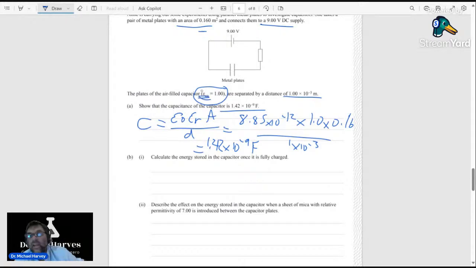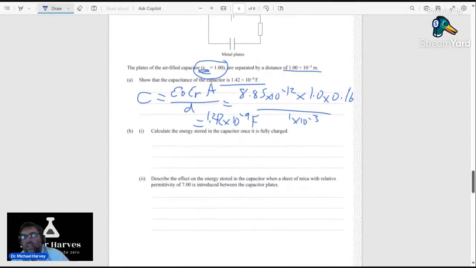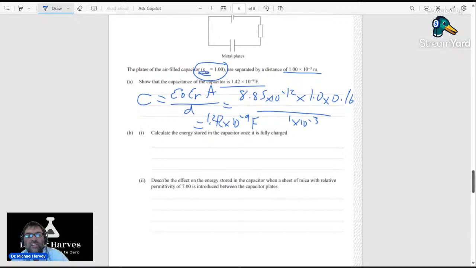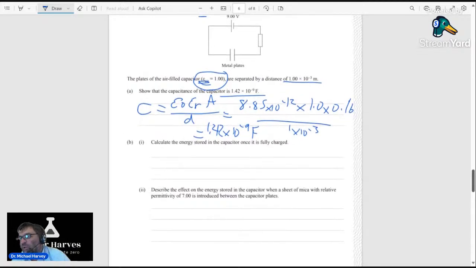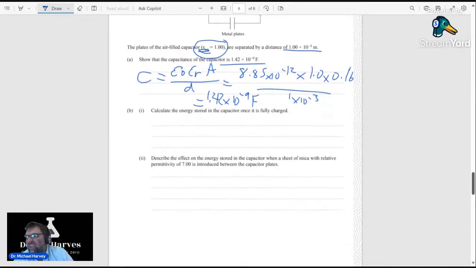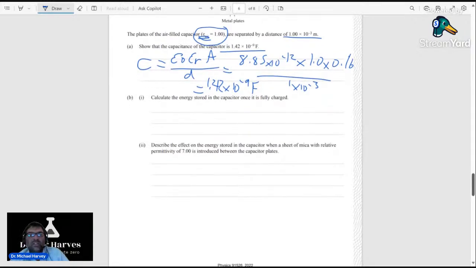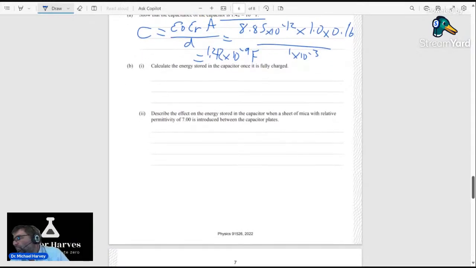So rather than having a vacuum, they put air between the plates, and that's relative to the permittivity of free space. So actually, it's just permittivity of free space divided by the permittivity of free space, which is 1, because air and vacuum are actually very similar in terms of their conductance, surprisingly.